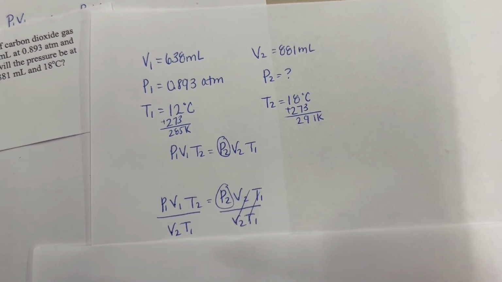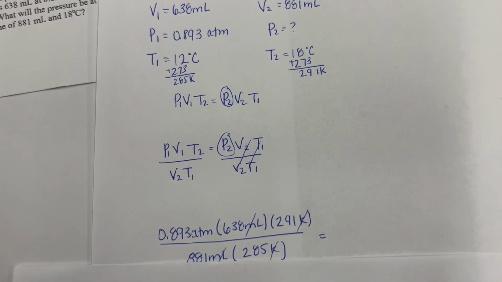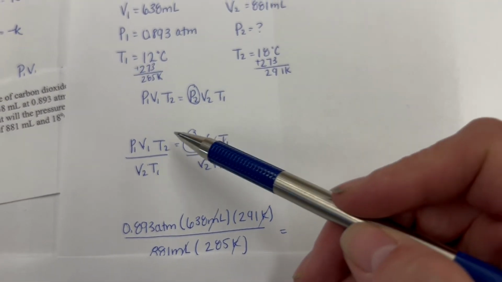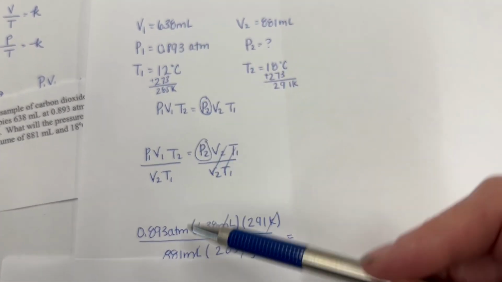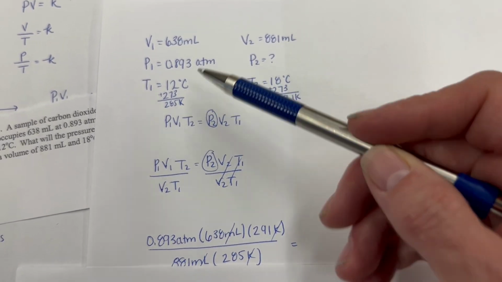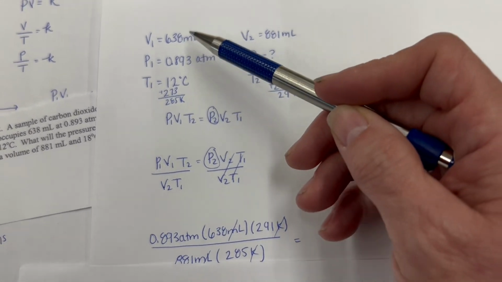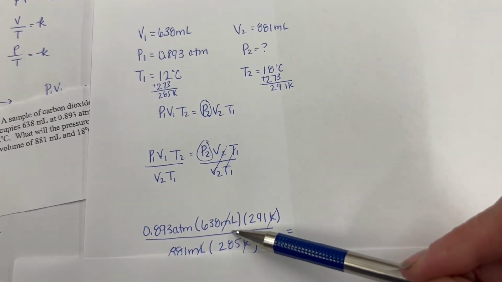Now we can substitute in our values for each of those variables. P1 will be replaced with 0.893 atm. My V1 will be replaced with 638 milliliters.